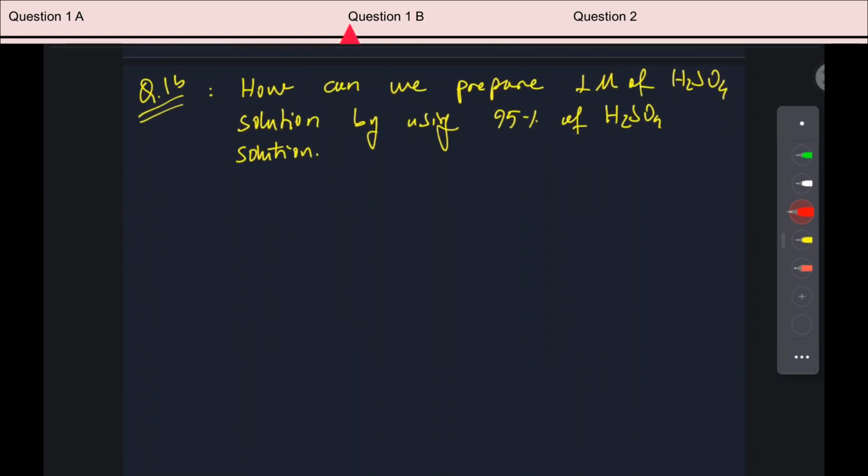In question 1b, how can we prepare 1 molar H2SO4 solution by using 95% H2SO4 solution? The common formula is M1 times V1 equals M2 times V2. We know that our solution is 18 molar, and the question doesn't mention the volume.